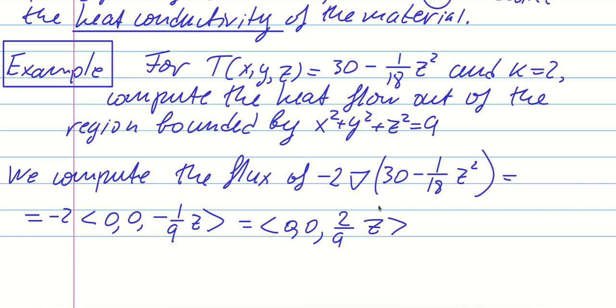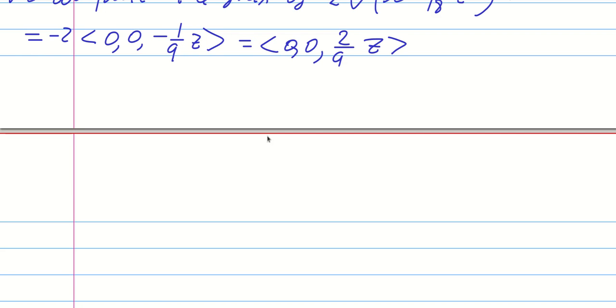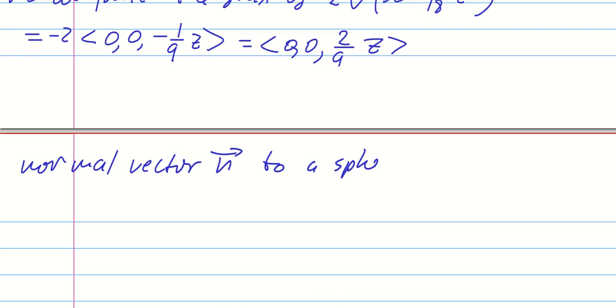Alright, so we calculated our flux, and since we have the flux, we can calculate the normal vector n to a sphere. To calculate the normal vector to a sphere, we can calculate the gradient of the equation, right?